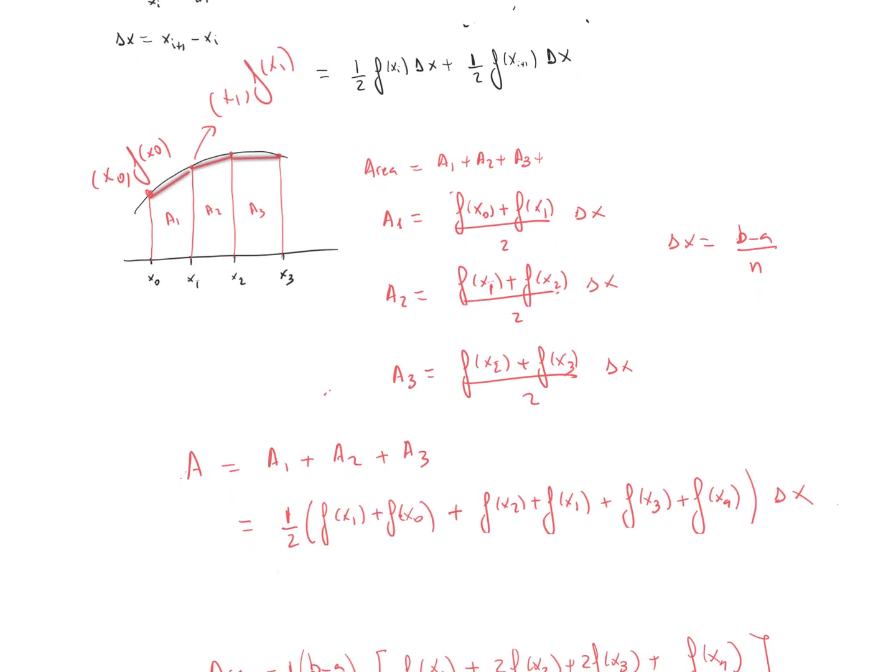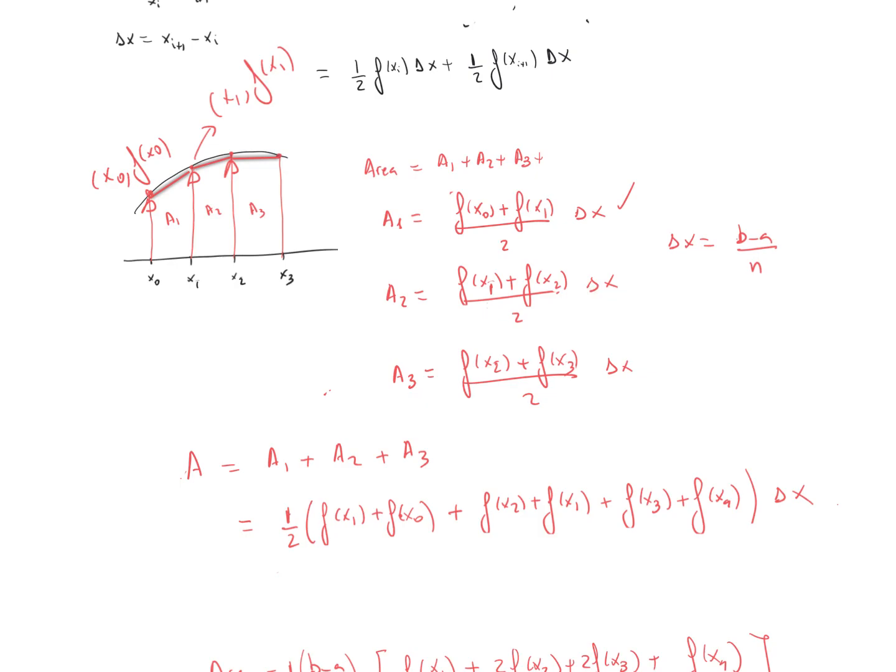Find the area A1. A1 is f of x0 plus f of x1, divided by 2, times delta x. A2 is the same thing: f of x1 plus f of x2 divided by 2, the average height in piece 2, multiplied by delta x.